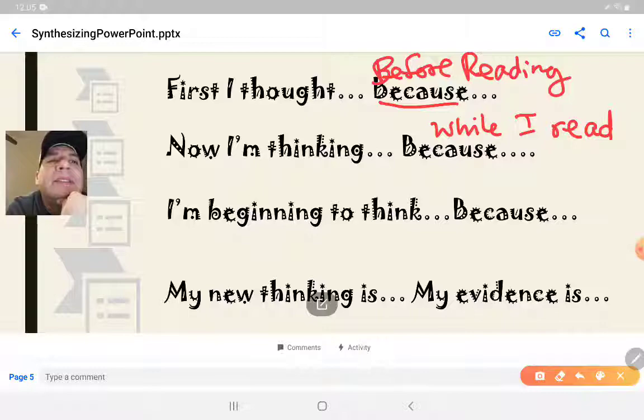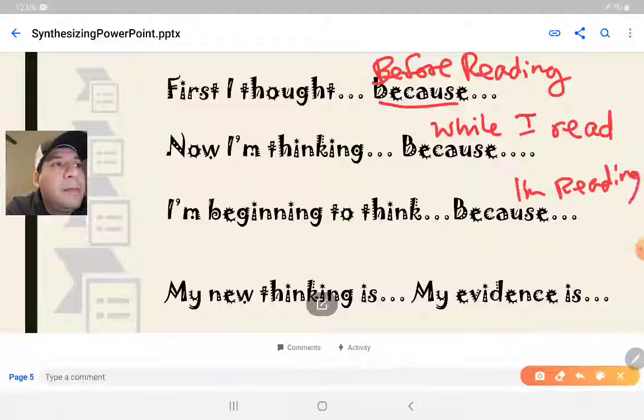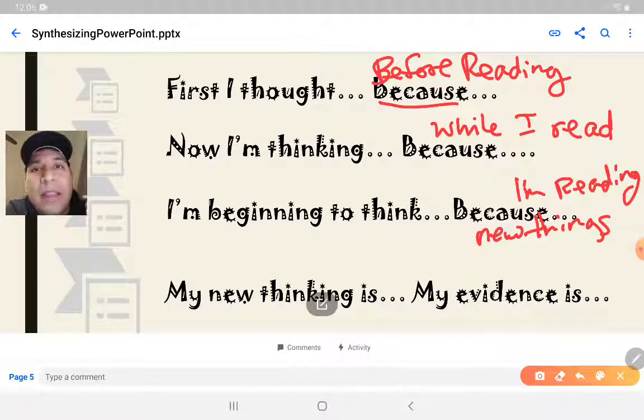Now I'm beginning to think, what? Because of what you know? So I'm beginning to think, meaning I'm changing my ways of thoughts, right? My idea about bees is changing now because I'm reading something. And that's because I'm reading new things, and the text that I'm reading is giving me new information, right?